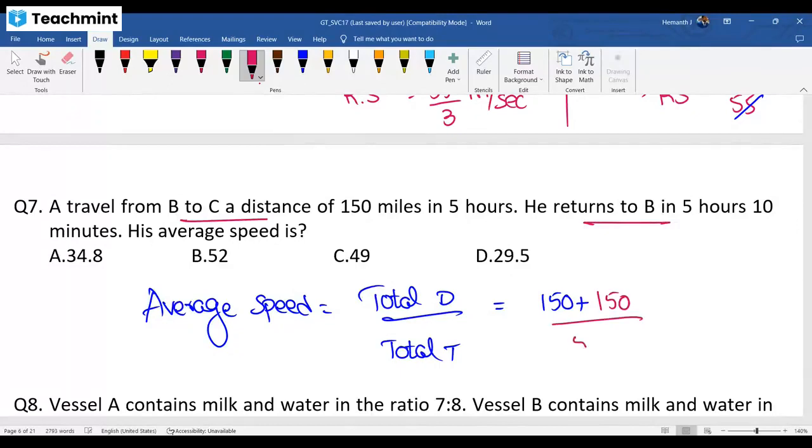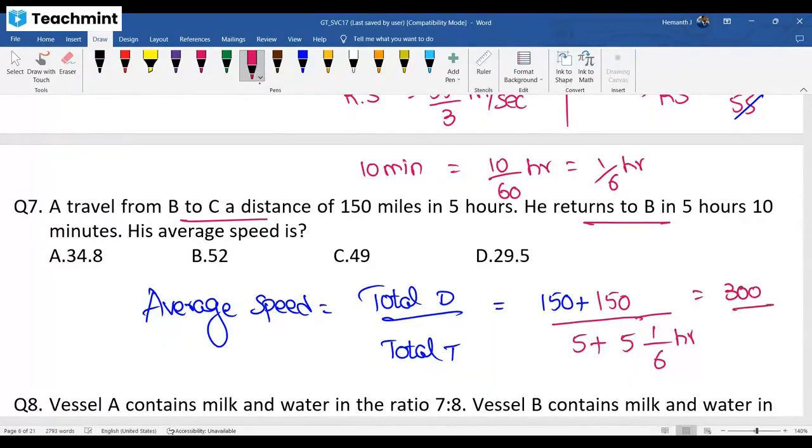Time taken is 5 hours plus 5 hours 10 minutes. 10 minutes is 1 by 6th of the hour. If you want to convert 10 minutes into hour, divide by 60. 1 by 6th of hour we call. Right? So 300 divided by 5 plus 31 by 6.